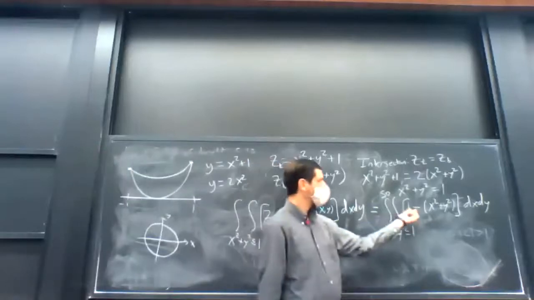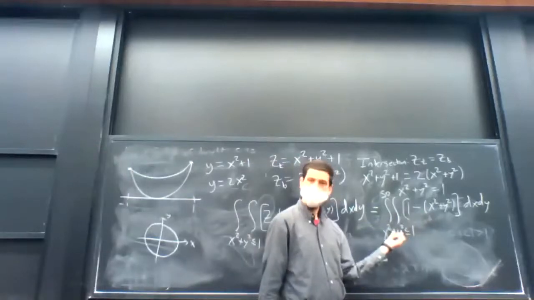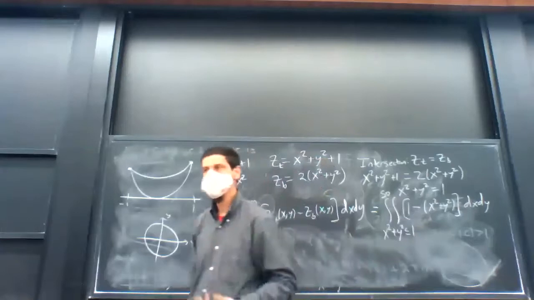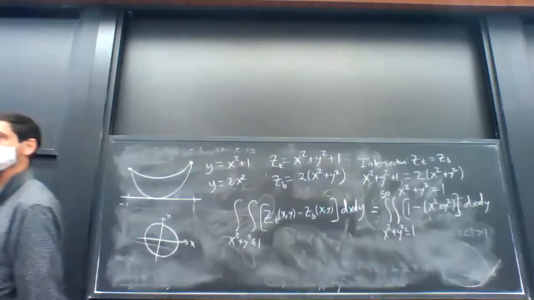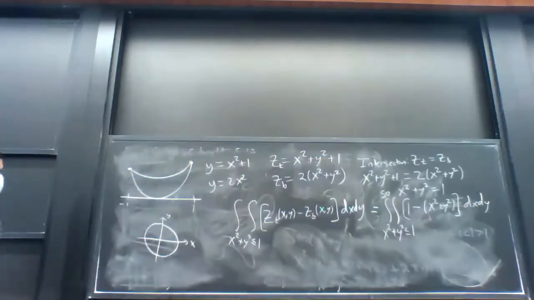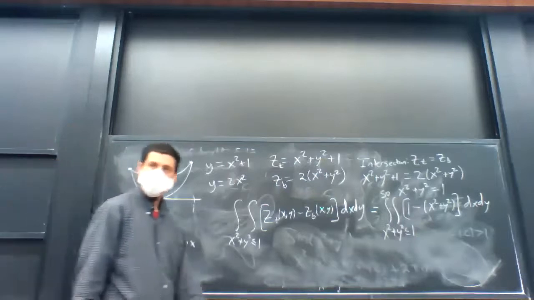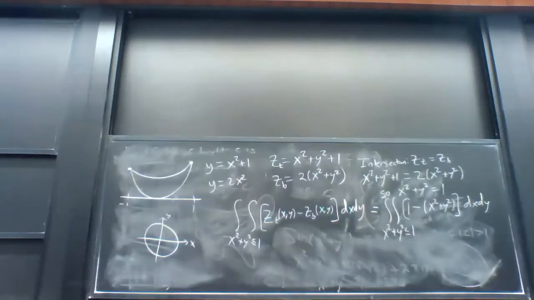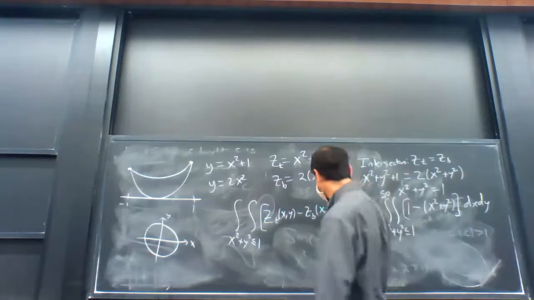Can you integrate the function 1 over the region x squared plus y squared less than or equal to 1? If you integrate 1 over that region, what do you get? Yeah, the area, right?